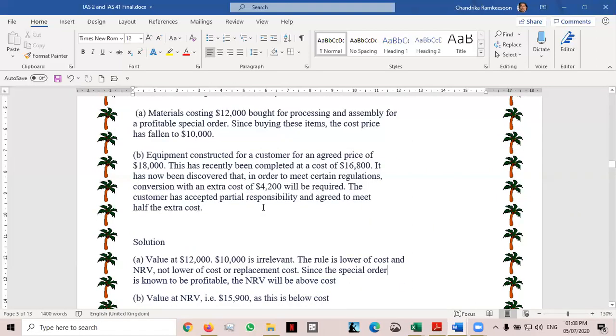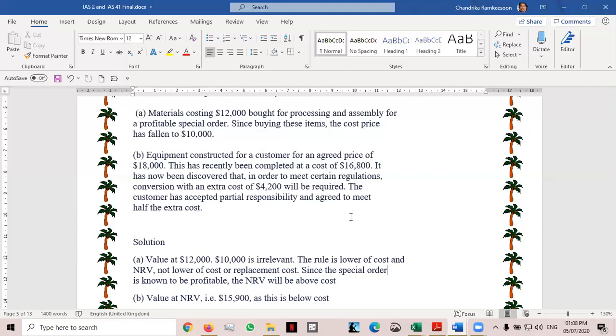That is the important point. And that's the reason here you've been told the 10,000 is irrelevant. It's not the lower of cost or replacement cost, it's the lower of cost and net realizable value.